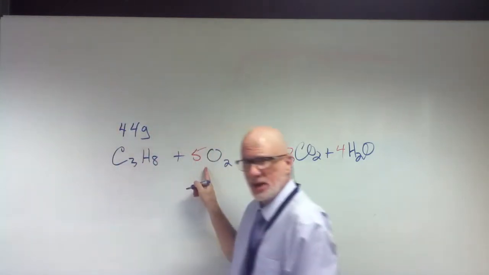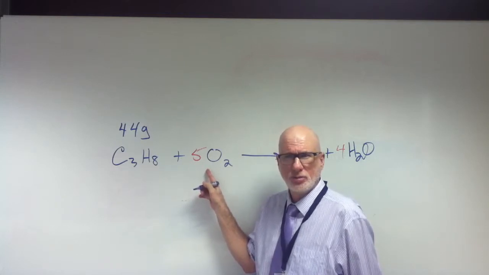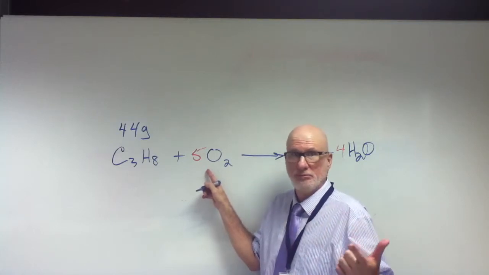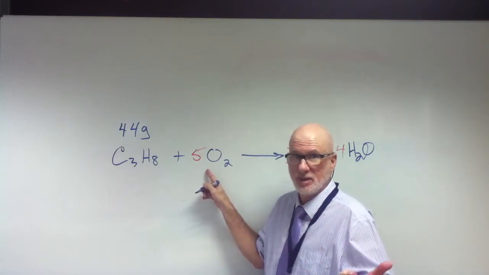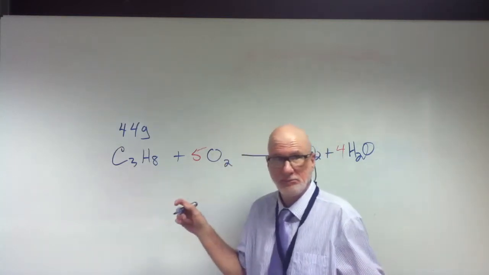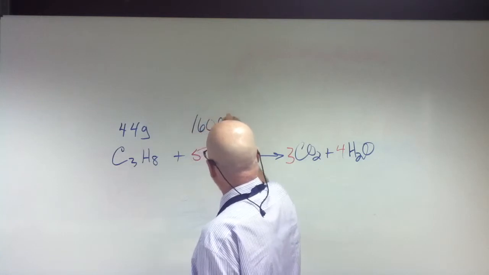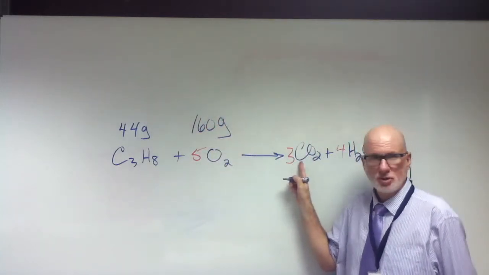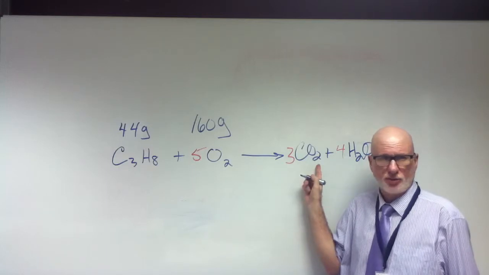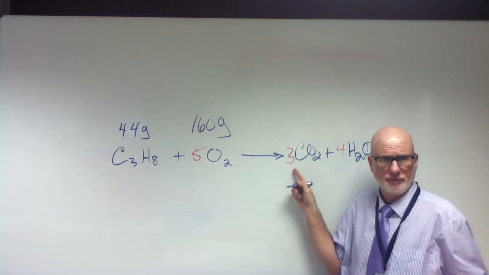And then what's 5 oxygens going to be? 32 times 5. 30 times 5 is what? 150? Yeah. Plus 10, right? 160? Is that right? And then what's 12 plus 32 is 44. 44 is what?